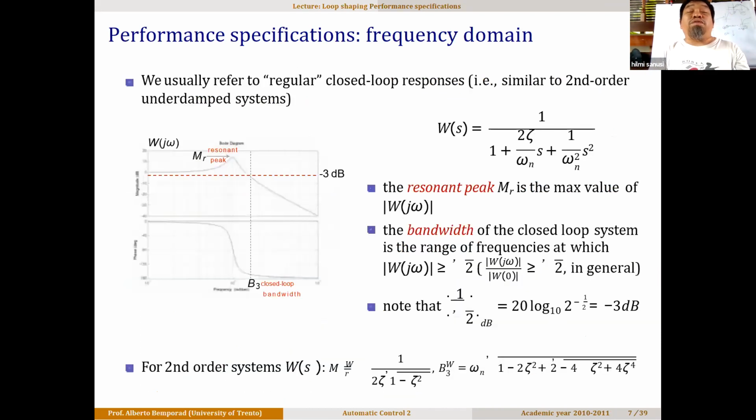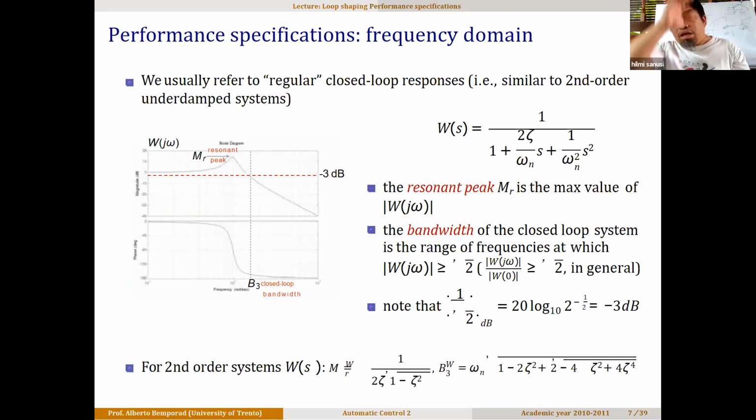So the performance specification in the frequency domain, we usually refer to the regular closed loop system, similar to the second order system. So we have 1 plus 2 zeta over omega n s plus 1 over omega n square s square. This is the same as s square plus 2 zeta omega n s plus omega n square.